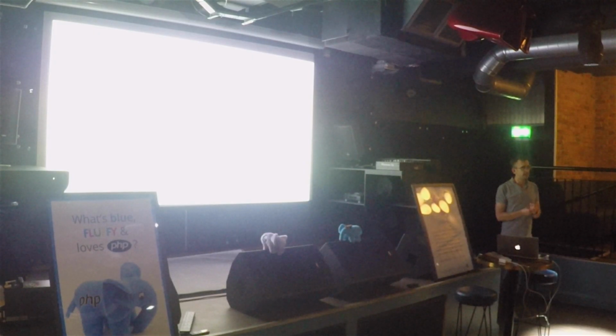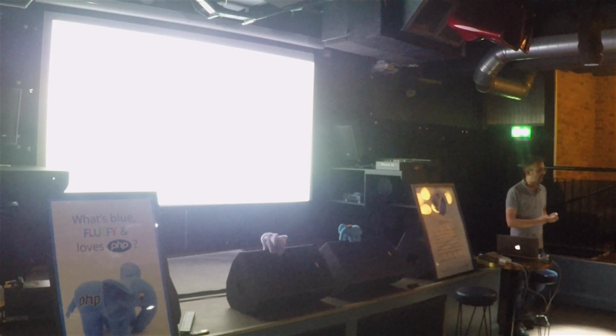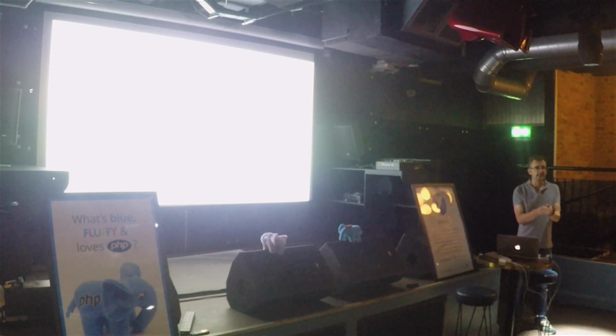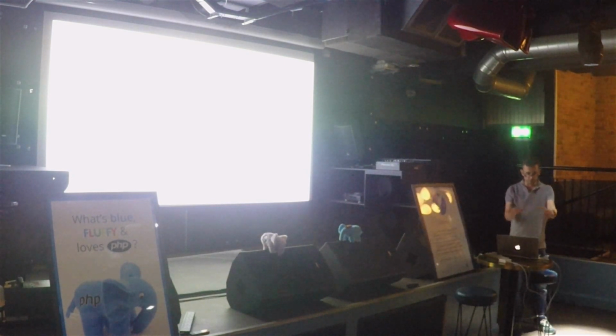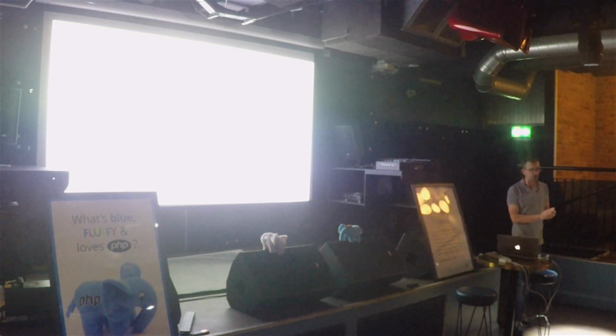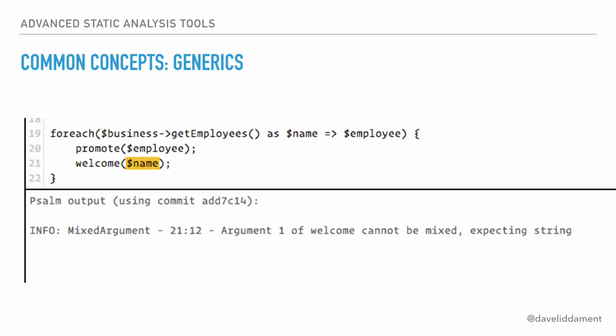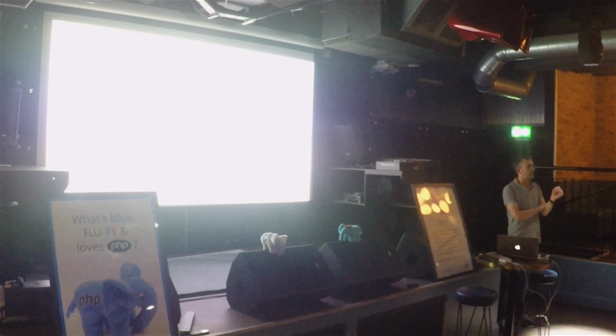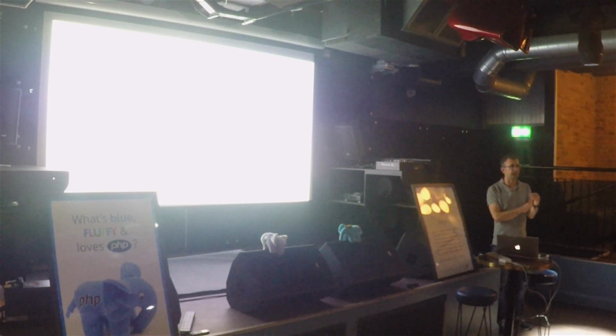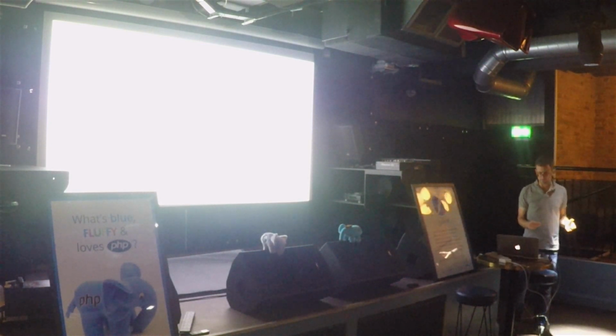There is no way of knowing, with the code documented how it is at the moment, that the key of the thing we're iterating through is of type string. With the code we've got on this screen, we cannot assert that's the case. And if we pass this into something like Psalm, it would say something like this. It would basically say, argument 1 cannot be mixed. So what Psalm does is, if it doesn't know the type of something, it just assumes it is of type mixed, which could be anything.